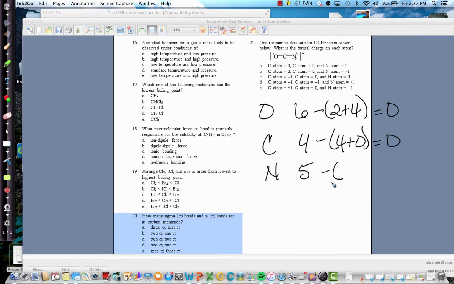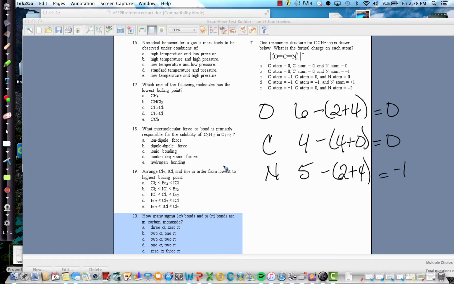It has 2 bonds, and it has 4 lone electrons on it. So 5 minus 6 would give me -1. So the answer should be 0, 0, and then -1. And all of these should end up adding up to the overall charge of the molecule.